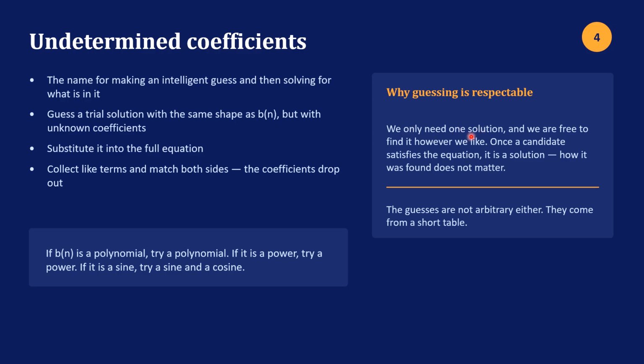We only need to find one solution, and we are free to find it however we like. Once a candidate satisfies the equation, it is a solution. How it was found does not matter. So our method of guessing is a valid approach, and as I promised, I'll show you a table for what is advised to make a guess. Sometimes it doesn't work and you need to make a small modification, and we'll talk about that too.